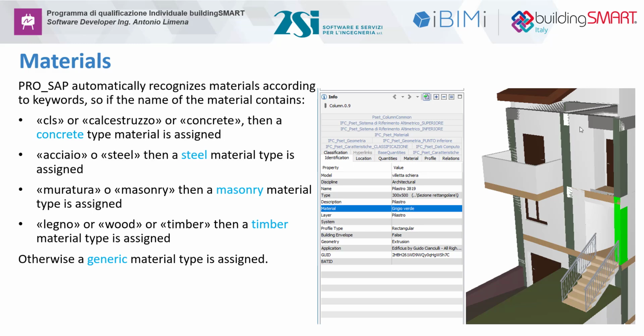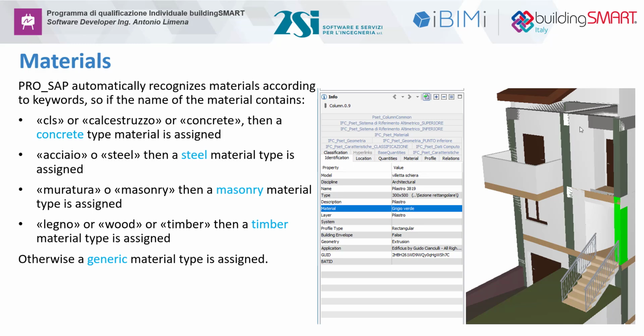Instead, when it reads acciaio or steel, it assigns a steel material type, same for muratura and masonry with the masonry material type, and legno, wood or timber, for a timber material type. If none of these keywords are found by ProSAP or are not used in the IFC file, a generic material type is assigned. Why am I saying this?